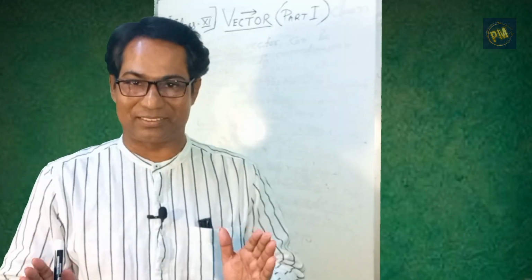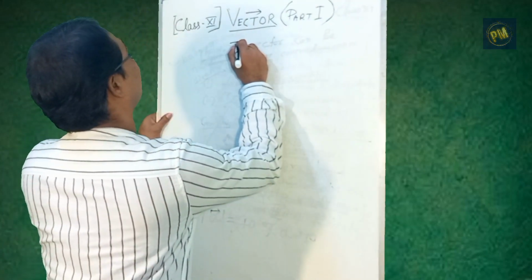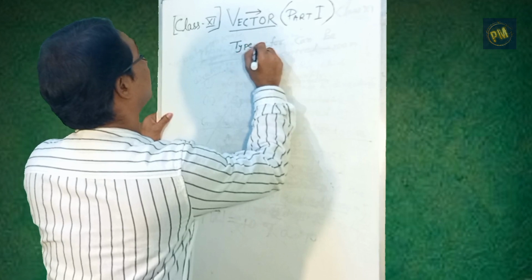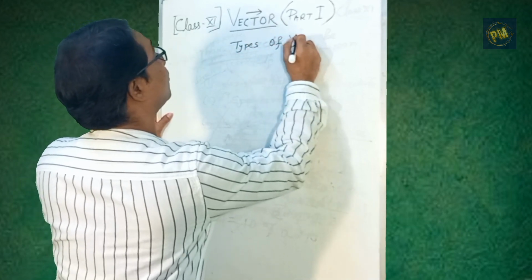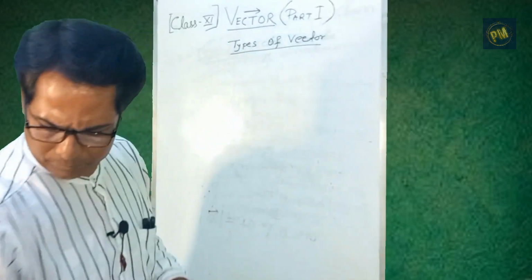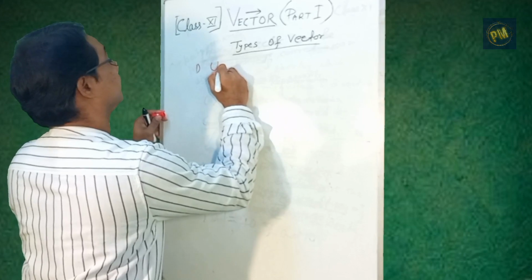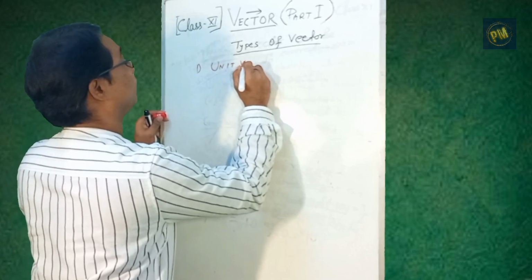Now we discuss the different types of vectors. Type 1: unit vector.